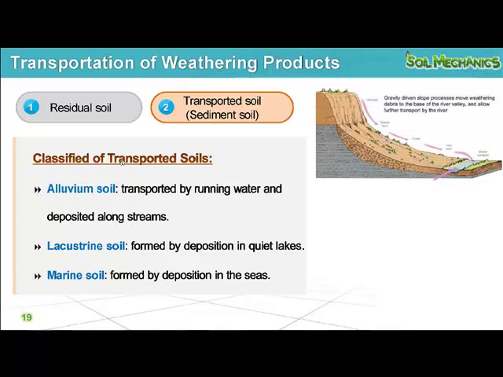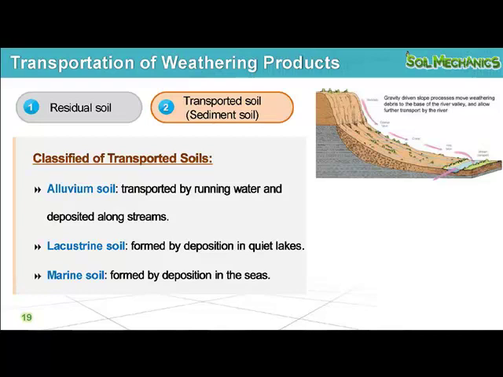Another one is lacustrine soil, also a type of transported soil. It is formed by deposition in a quiet lake.